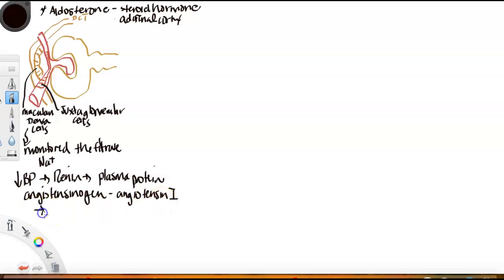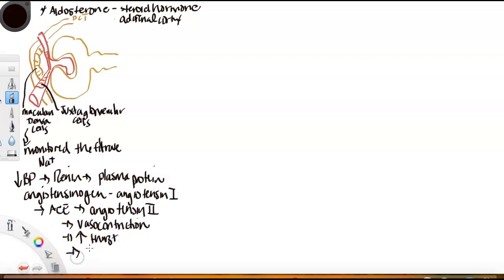If angiotensin 1 comes into contact with an enzyme called ACE, it will become angiotensin 2. So angiotensin 2, as we talked about, causes vasoconstriction. It increases the thirst, and it increases cardiac output. Okay, so we know all that.